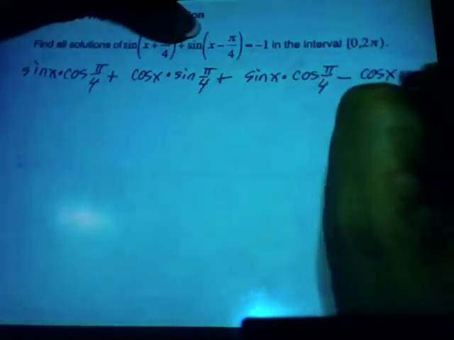And then plus, be careful if this is a minus in here, because then you'd have to subtract all of this and you'd have to distribute a negative. So do be careful. That could be on your homework. So I'm going to put plus there. Then for the difference one, we'd still do the sine of x times the cosine of pi over 4, but minus the cosine of x times the sine of pi over 4 equals negative 1.